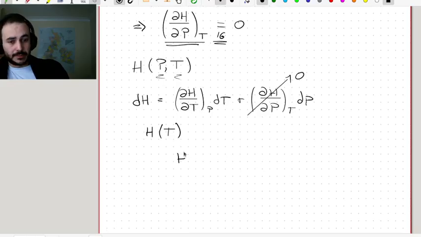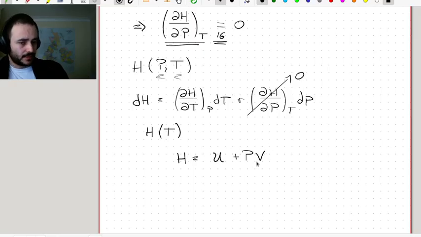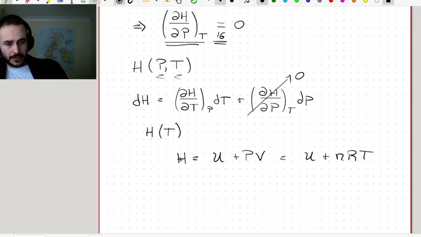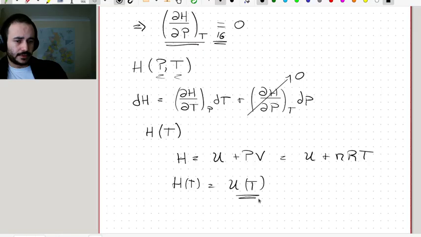But the enthalpy, remember what it is, right? It's the internal energy plus PV. And PV for an ideal gas is nRT. So if H is a function of temperature, then necessarily U must be a function of temperature only, because the next term I have here is also a function of temperature only, right?